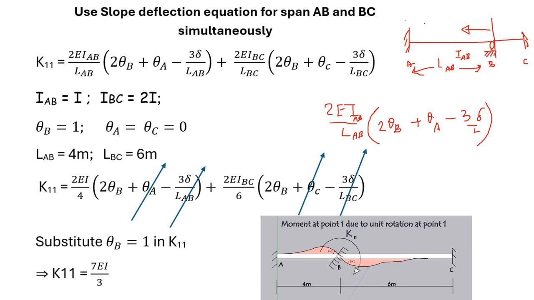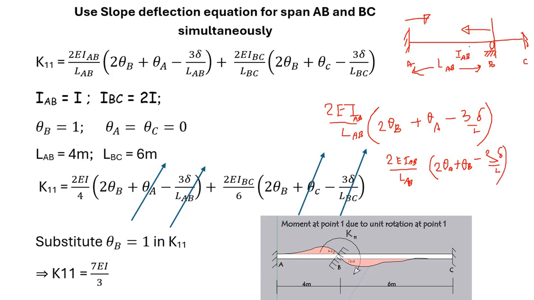If you apply the slope deflection from this point, you will get another equation, 2EI_AB by L_AB multiplied by, since you are applying the slope deflection equation from point A, here you have to take 2 times theta A plus theta B minus 3 delta by L. So this is the case.